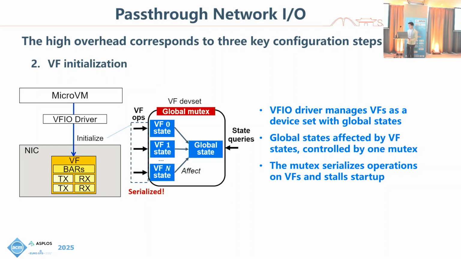The global states are affected by the operations on the virtual functions. The VFIO driver uses a global mutex lock to control the operations, making the operations on the global states and the virtual functions mutually exclusive. But this lock also serializes the operations on different virtual functions, which causes a problem when we try to operate on the different virtual functions concurrently.